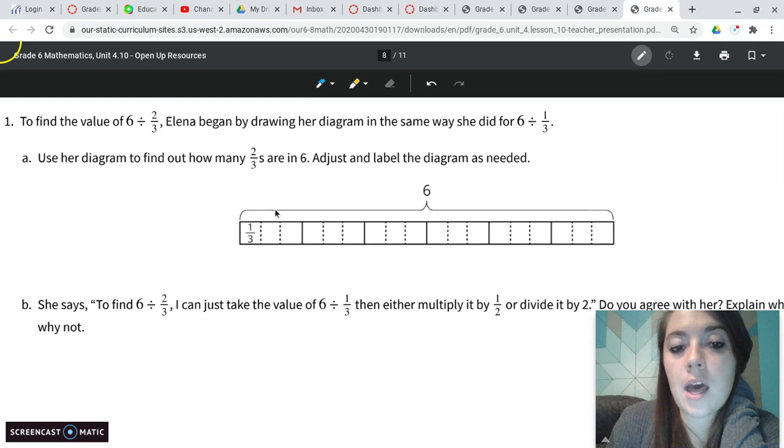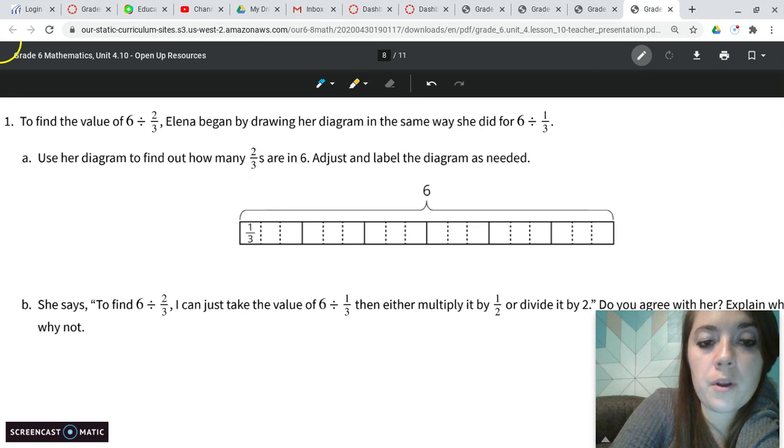All right, so it's got our 6 total, and each one of these boxes represents 1/3. So there's 3, that gives us 1, 2, 3, 4, 5, 6. We get all of them. Now I'm not going to write 1/3 in all of them because it's a little too tiny for me to fit that. But if we're trying to find out how many 2/3 are in 6, well, if we group these two, that gets us 2/3.